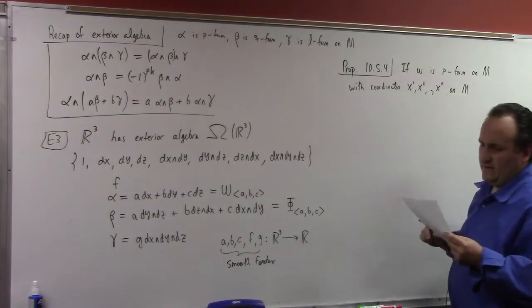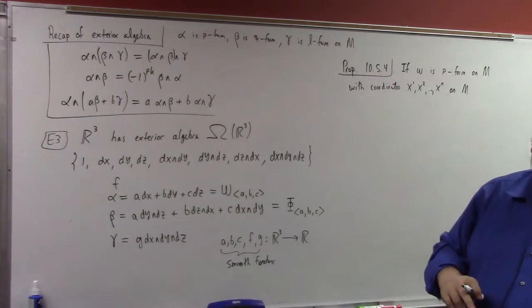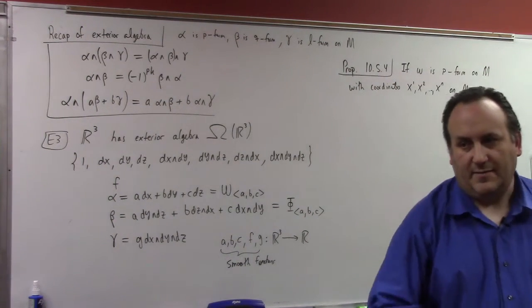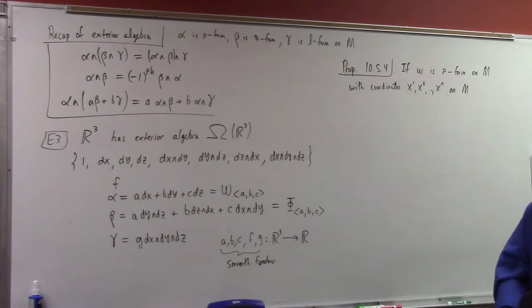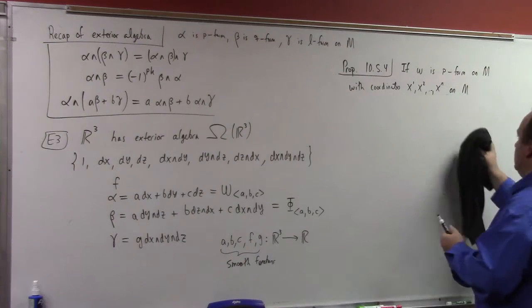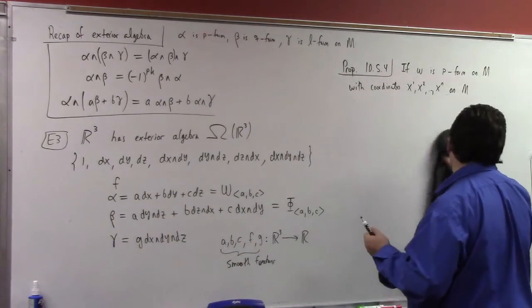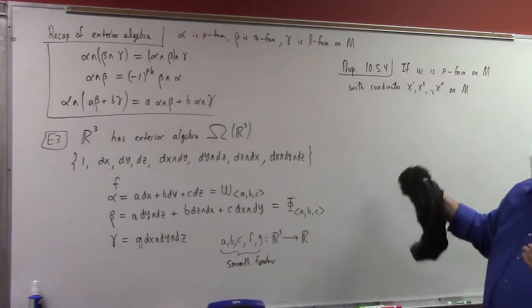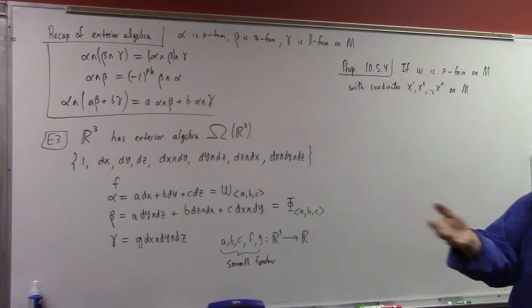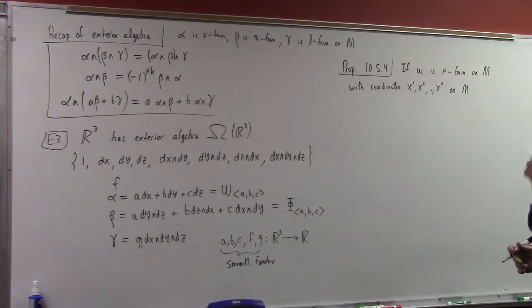Now understand, I don't want to bury you in notation, but this is a local claim. I'm not saying that there's a global coordinate chart and that this holds for the whole deal. What I am saying is that at a specific point, or a specific neighborhood, this calculation holds, all right?